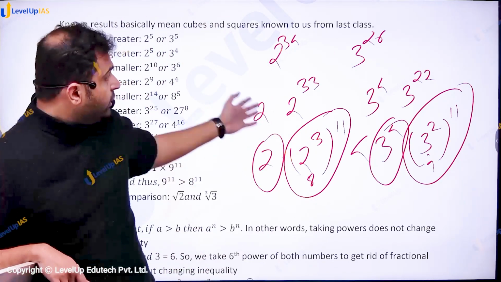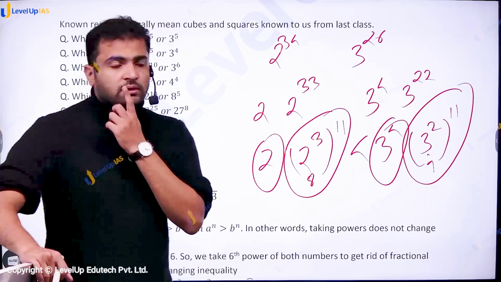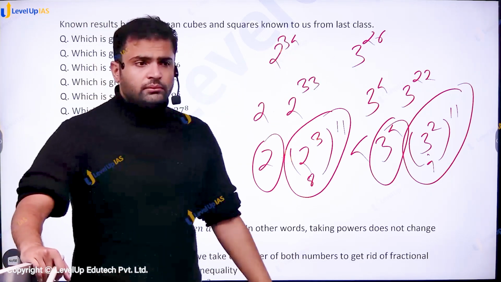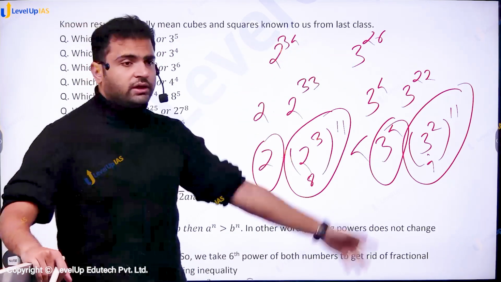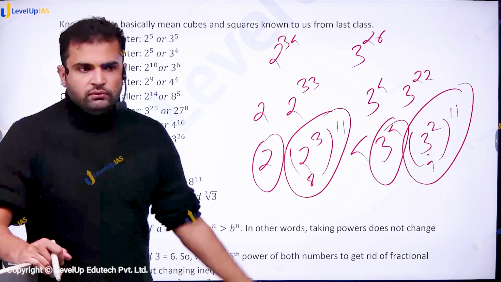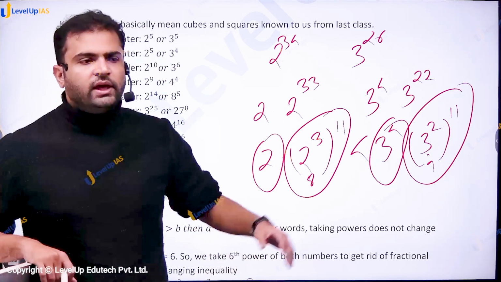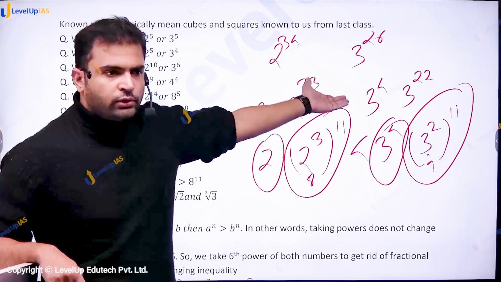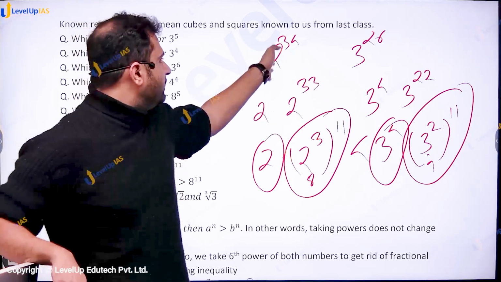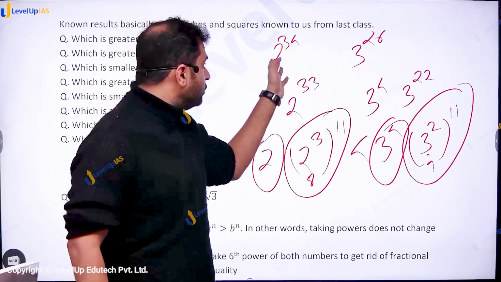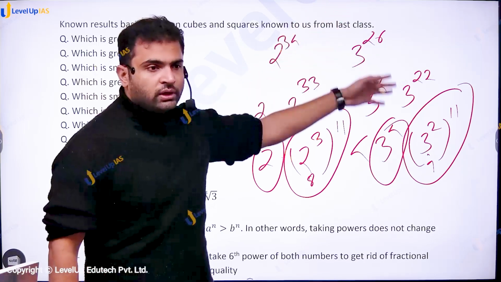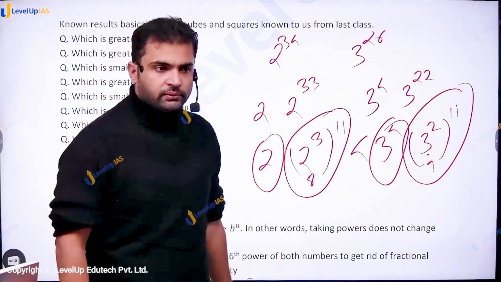And the third thing we tried to use is, if we have powers like 34 and 26 here, which do not have a very attractive HCF. If the HCF is just 2 here, even if I reduce it, I'll get to write it as 2 raised to 17 raised to 2 and 3 raised to 13 raised to 2, right?